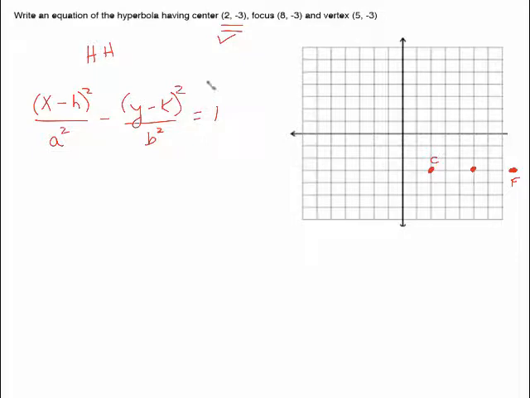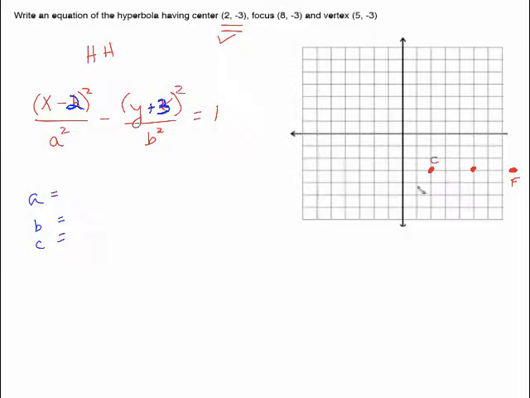And I could have gone directly to putting in my 2 and my -3 rather than using the h and the k, but I wanted you to see the format right there. So we've got h is 2, so I'll just superimpose a 2 over here. k is -3, which is going to turn this into plus 3. So I've got the top part. I just have to work on finding a, b, and perhaps c.